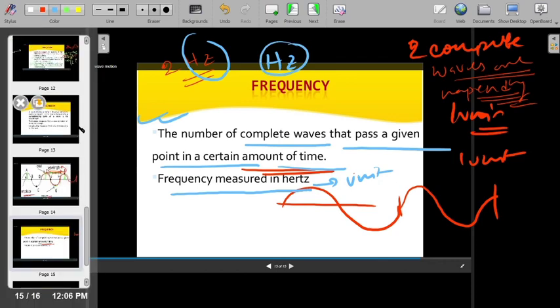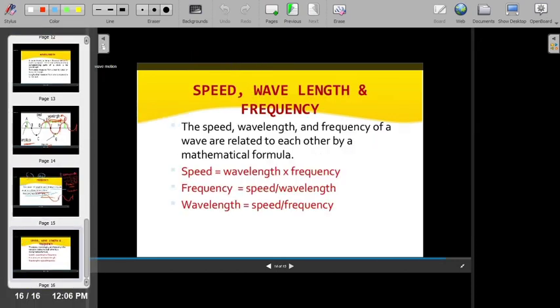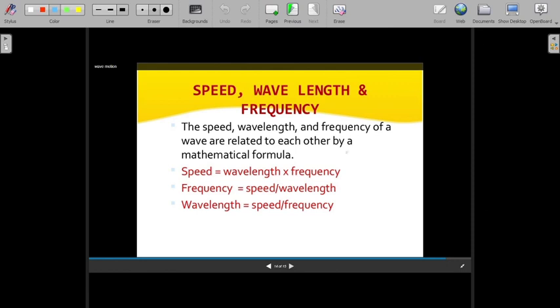After this there are some formulas given here. The speed, wavelength, and frequency of a wave are related to each other by a mathematical formula. The speed is wavelength multiplied by frequency: frequency times wavelength equals speed.